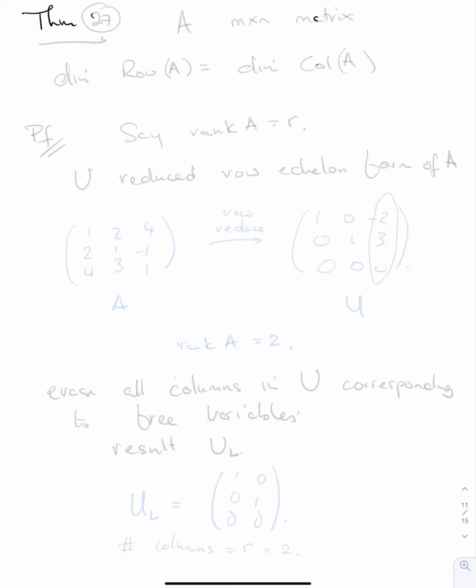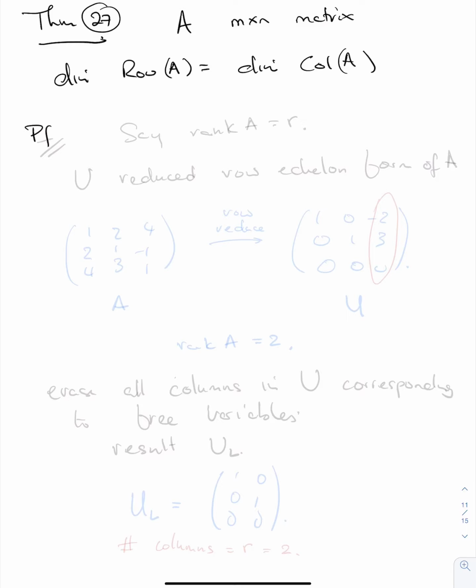Theorem 27. If A is an m by n matrix, then the dimension of the row space of A, we claim, is equal to the dimension of the column space of A. This is a little bit complicated, so I'm going to include the idea and examples of each step as we go along.